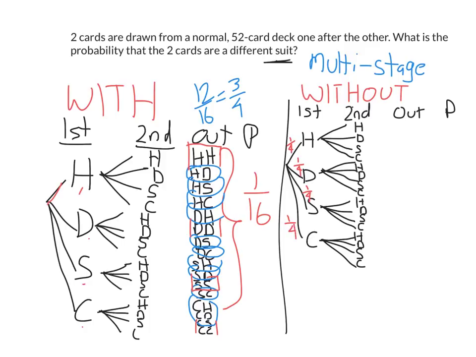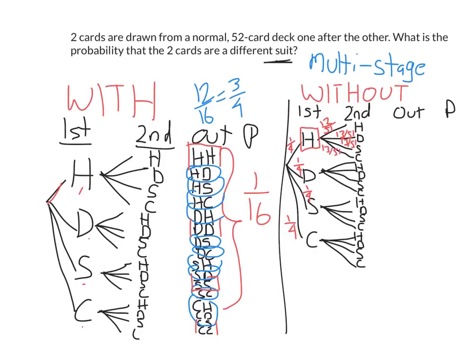If I got hearts the first go, there are normally 13 hearts in the deck. If I take one out, the probability of getting hearts the second go is going to be 12, because there are 12 hearts left out of 51. The probability of getting each of the other suits will be 13/51, because there'll still be 13 diamonds and 13 spades and so on.